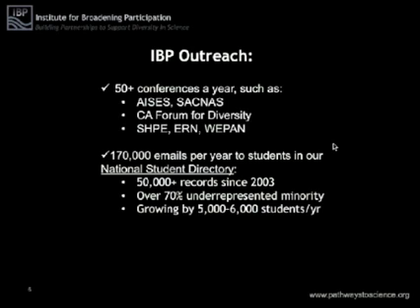We've been growing this directory since 2003, and currently it has over 50,000 records of current and former students, over 70% of whom are self-reported underrepresented minority students. Through our own outreach efforts and through data sharing partnerships, the directory is growing every year by about 5,000 to 6,000 students.